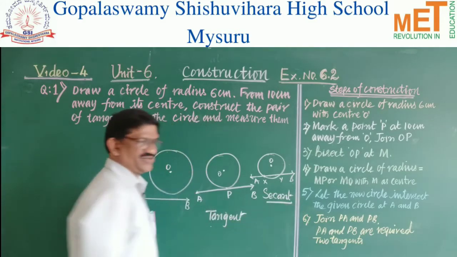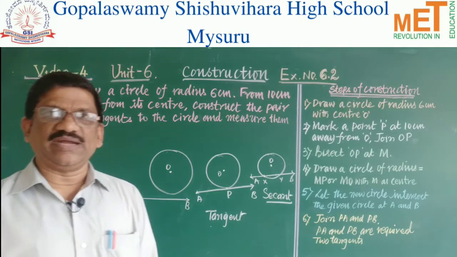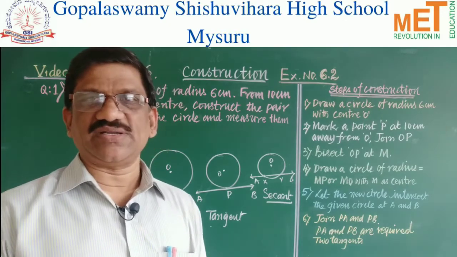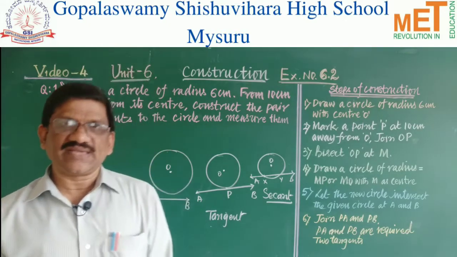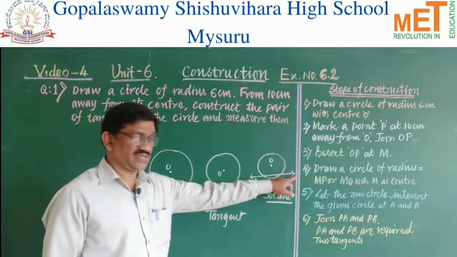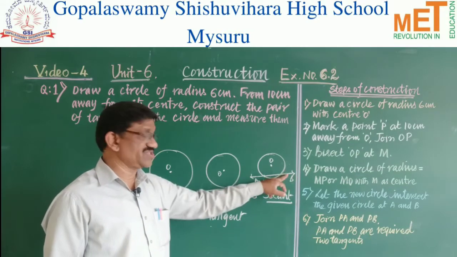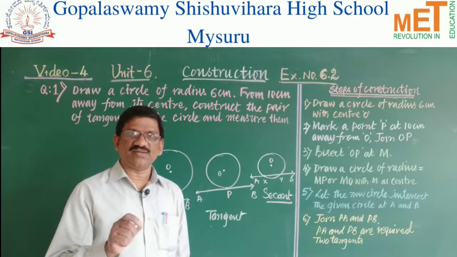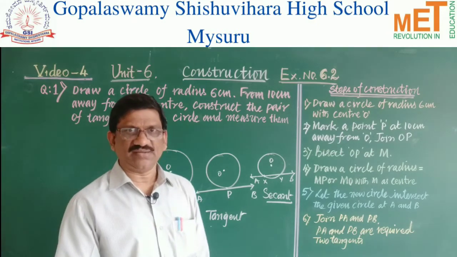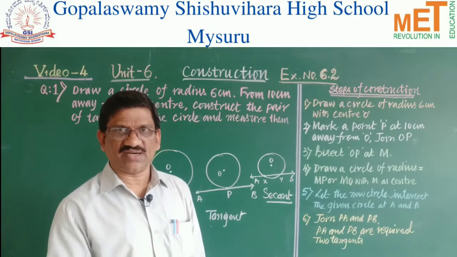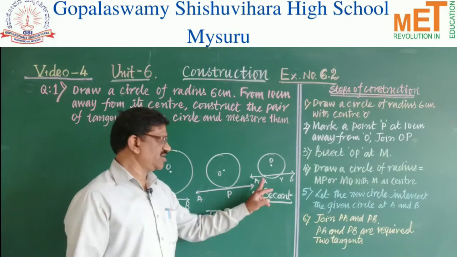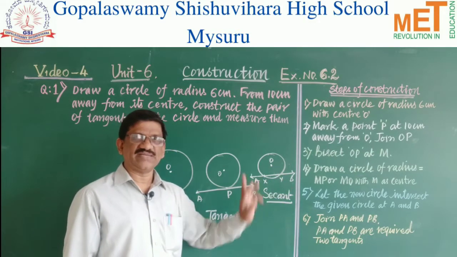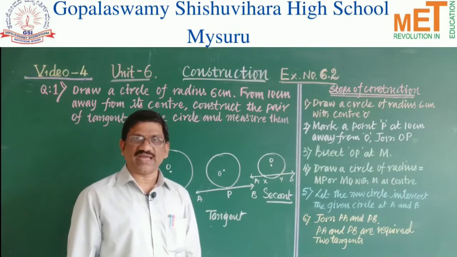Now you can define what is secant and what is tangent. Secant is a line segment which cuts the circle at two distinct points. We call it as secant.